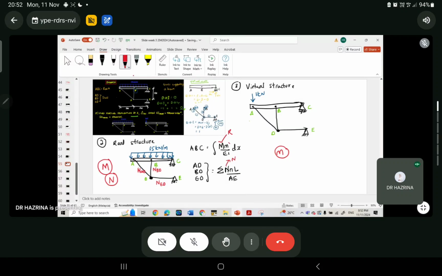This one is your real structure, this one is your virtual structure. So you need n for your virtual structure. This means for the real structure you find M and N, and for the virtual structure you find m and n. Understand?